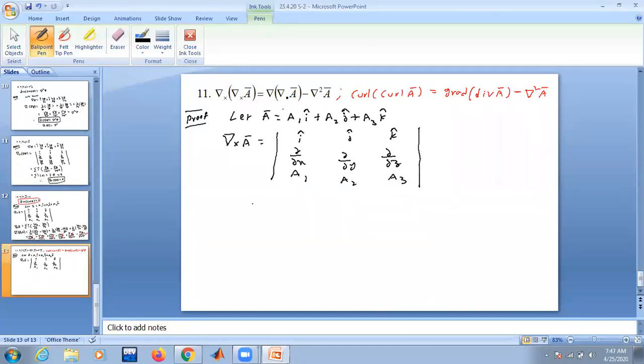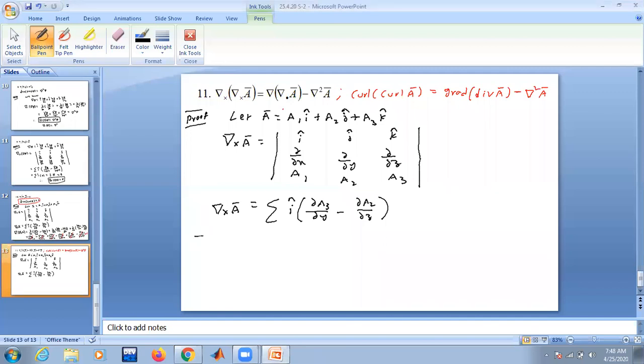So this is sigma I into dou a3 by dou y minus dou a2 by dou z. Am I right? That is del cross A bar, which is a vector. Now to this vector I would like to apply curl again.